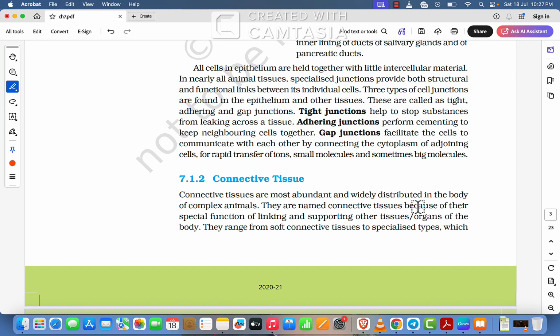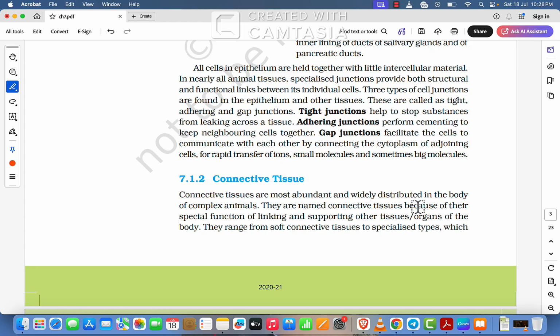All cells in epithelium are held together with little intercellular material. In nearly all animal tissue, specialized junctions provide both structural and functional links between its individual cells. Three types of cell junctions are found in the epithelium and other tissues. These are called tight, adhering, and gap junctions.